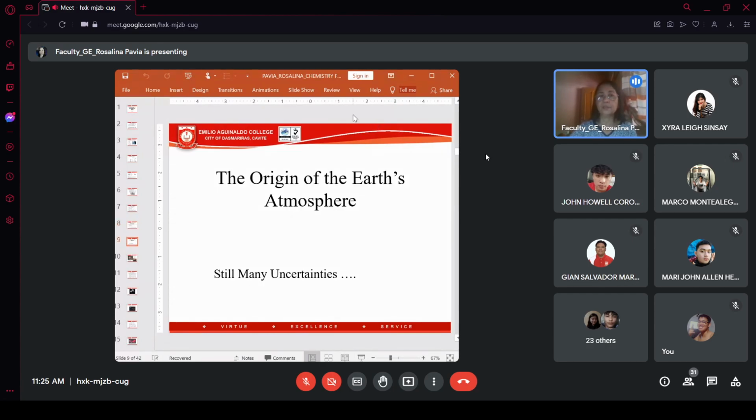But before anything else, we should learn how the atmosphere developed from the first, second, and third atmosphere. But of course, there are still many uncertainties with regards to this. So we will be considering now the scientific view of how it developed.